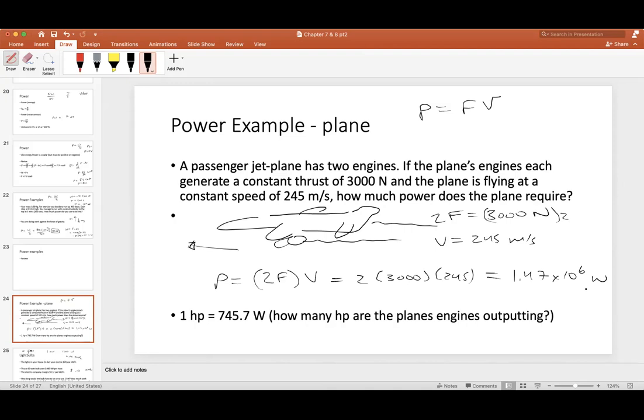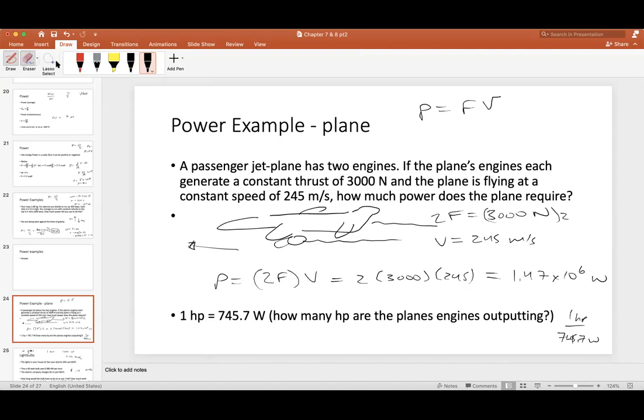Or 1,470 kilowatts. If we want to know how much horsepower this is, we can turn that into horsepower by noting that in 1 HP, there are 745.7 watts. So divide 1,470,000 by 745.7.